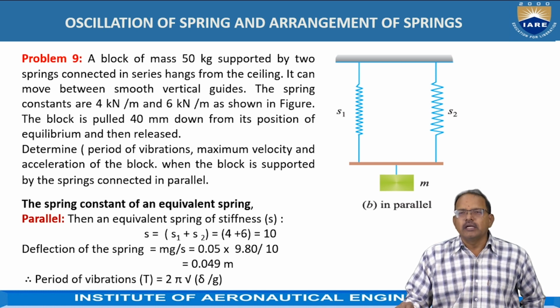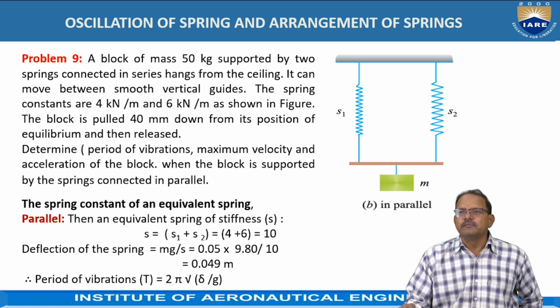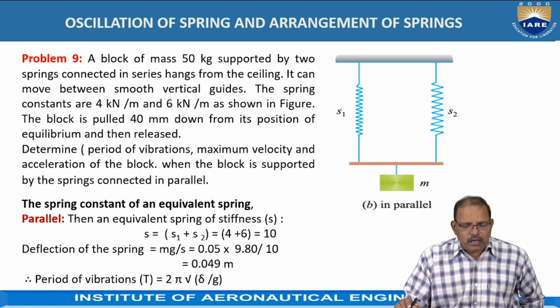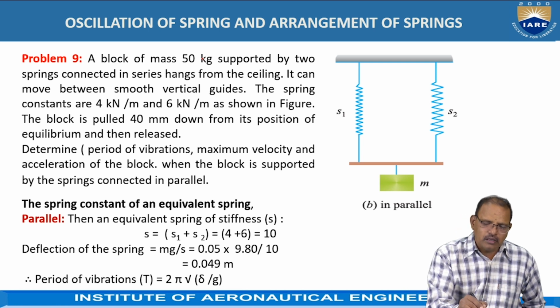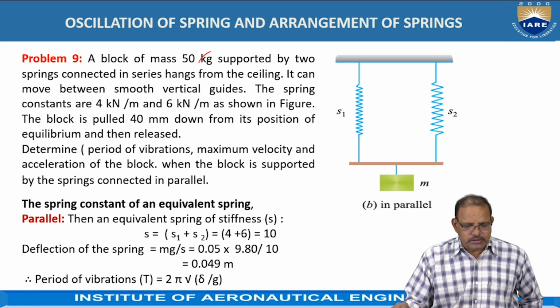Now the springs are connected in parallel. In this case, the equivalent spring constant is equal to the sum of the spring constants S1 and S2. So the problem is: a block of mass 50 grams, suspended by two springs, hangs from the ceiling.